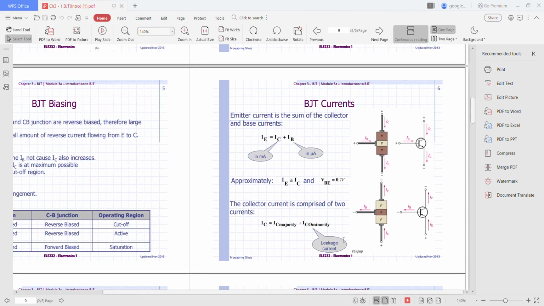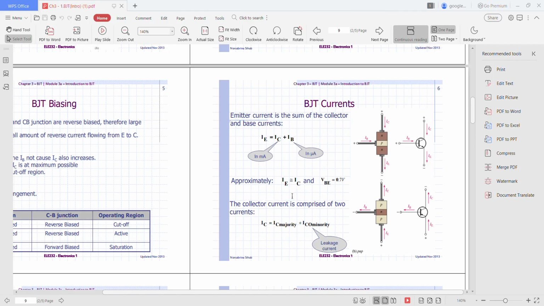IC is mostly in milliamp. The unit for collector current is usually milliamp, and the unit for IB, the base current, is usually microampere.